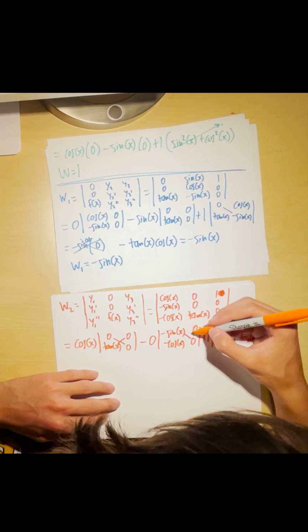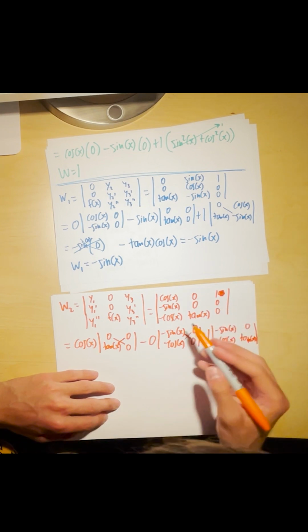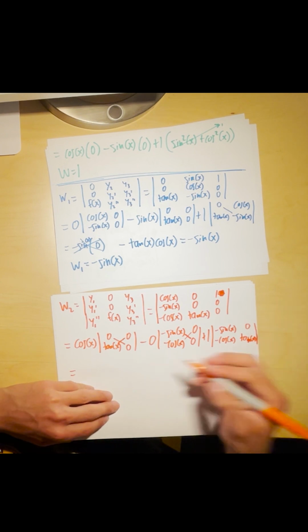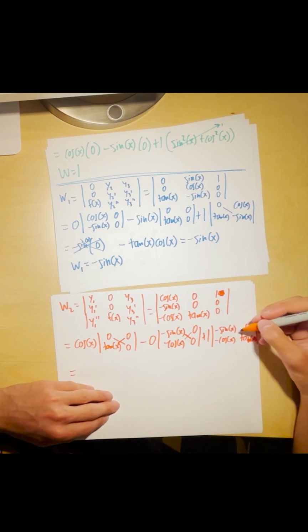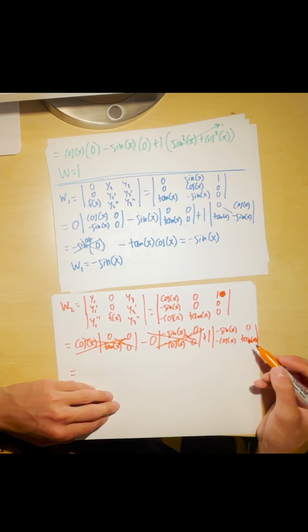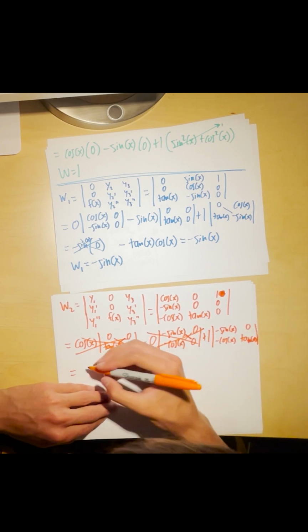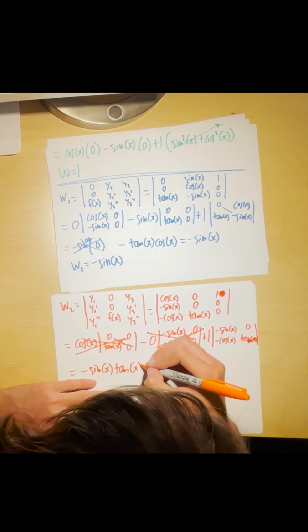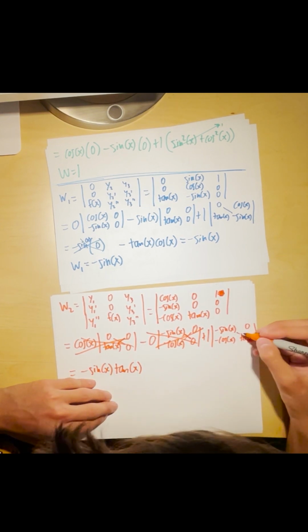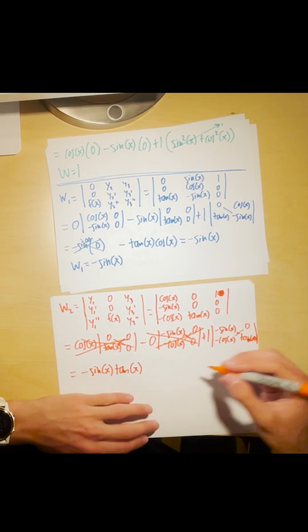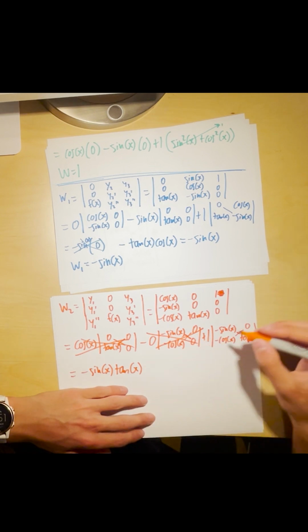Similarly, these multiplied together are 0, and these multiplied together are 0, and we have 0 in the front. So we end up with 1 times this determinant on the far side. I'm going to cross these out. And this would be negative sine tan x times 0, or minus negative cosine x times 0, which is 0. So this is what we get in the end.